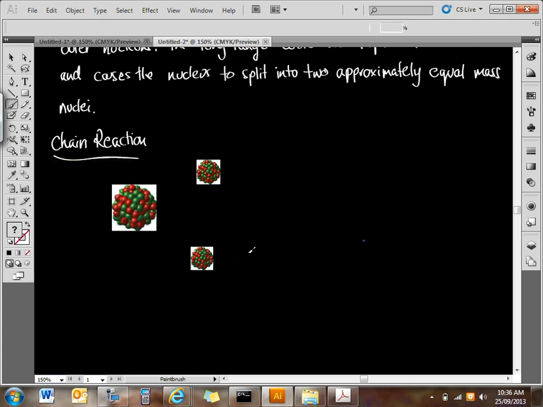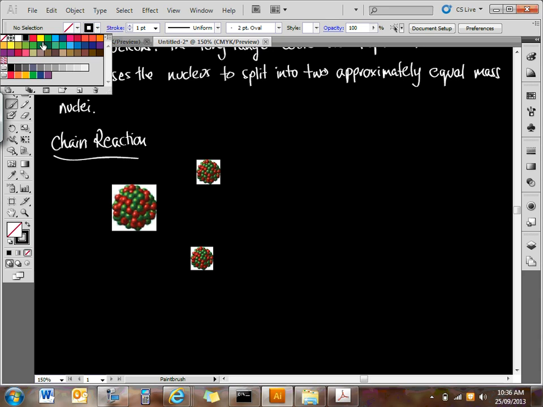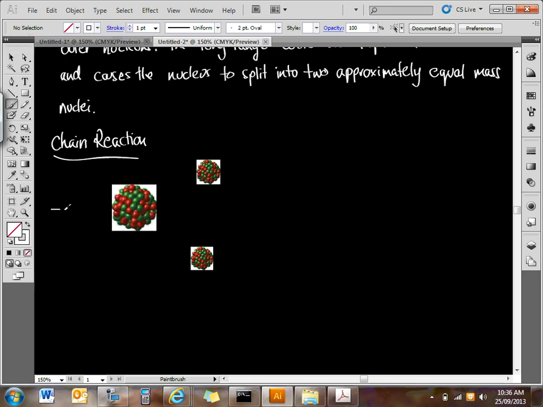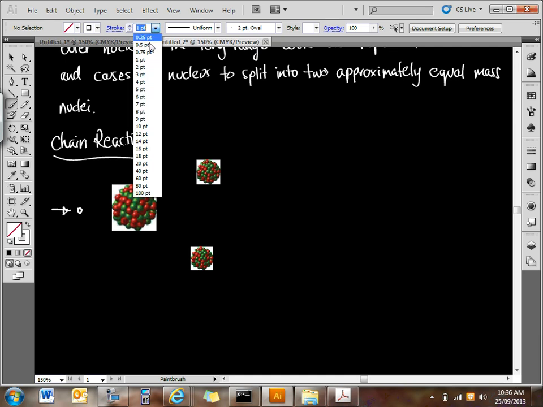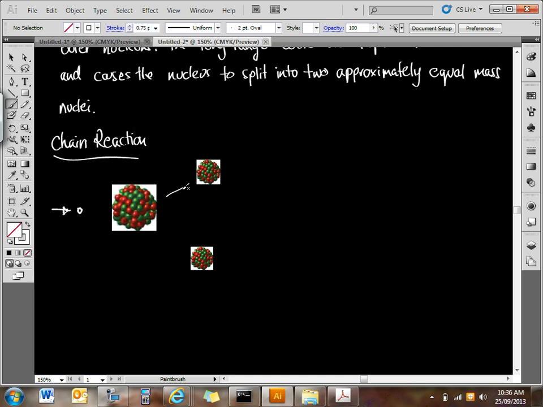And this is induced fission, so I'm going to say that there's a neutron being fired at that nucleus. And this occurs. We also have some more neutrons. What can these then go on and do? Yes?